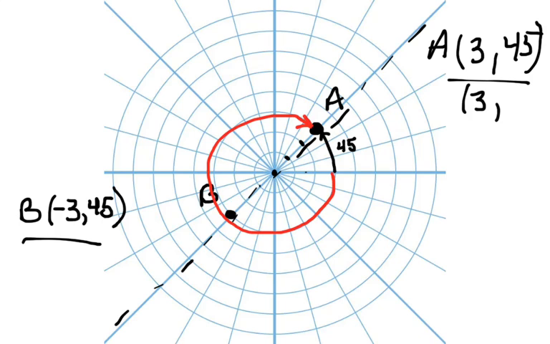How many quadrants did I go through? I went all the way around. I'm almost at 360 degrees, but I'm 45 degrees short of that. So it's negative 315. So I've got both of my positive radii.